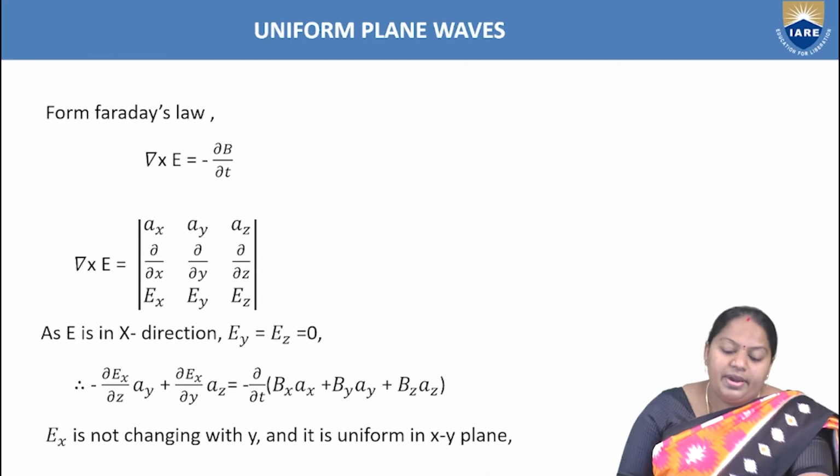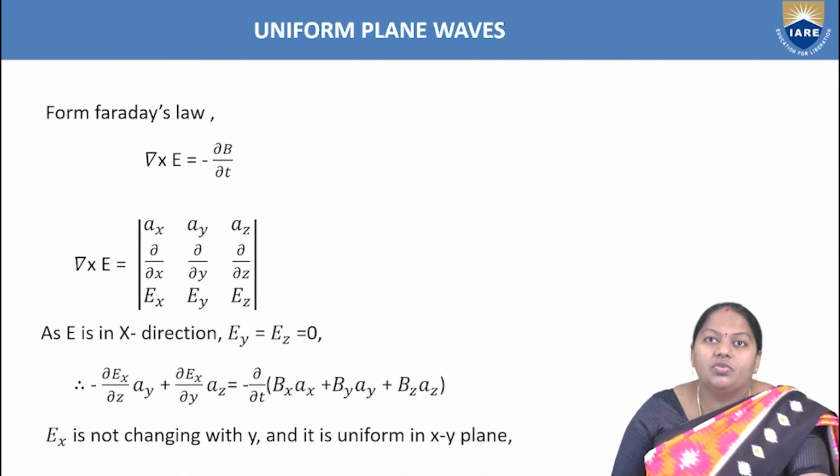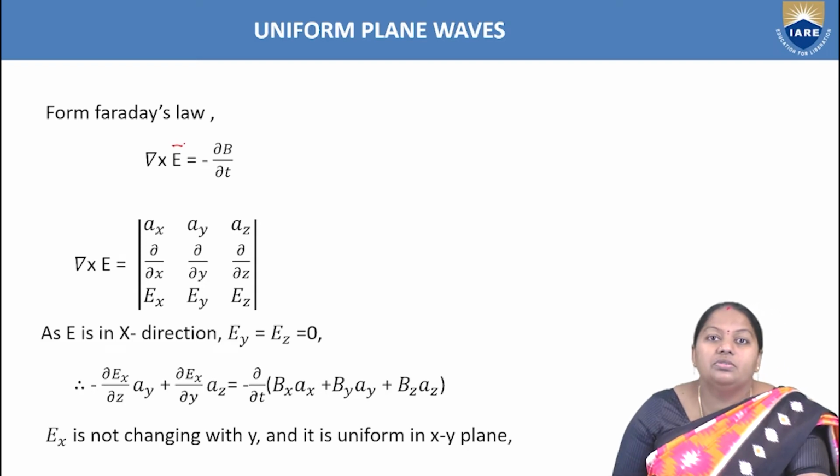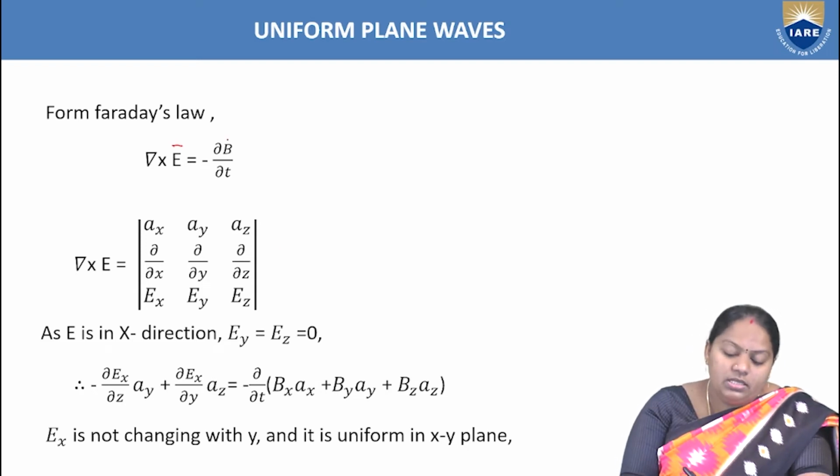So, from Ampere's circuit law, we have got one relation as before. Now, from Faraday's law, the equation is del cross E bar equal to minus dou B bar by dou t. Before expanding dou B bar by dou t, first consider the LHS part, del cross E bar.